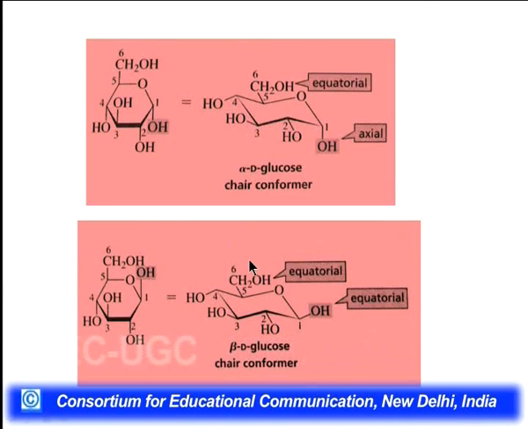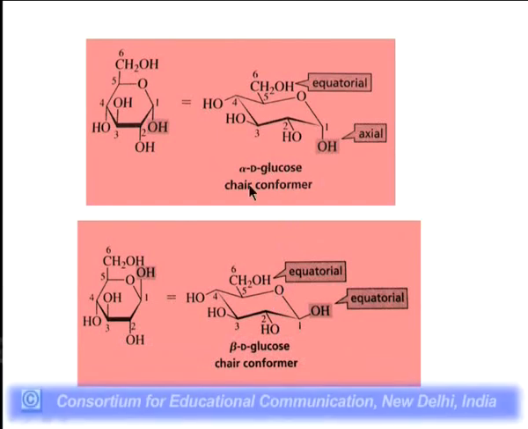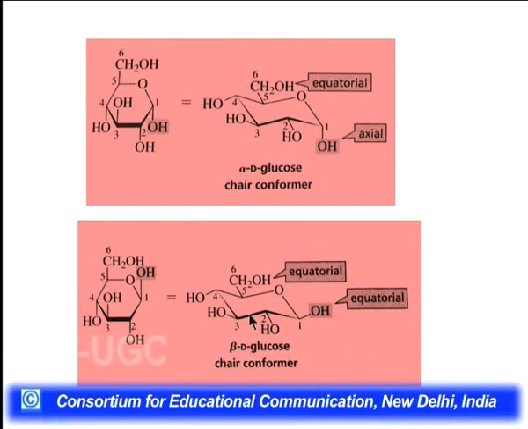Whereas in the beta conformation, in the chair form, the CH2OH group as well as the OH group is equatorial. So how do we distinguish between alpha D glucose and beta D glucose in chair conformation?